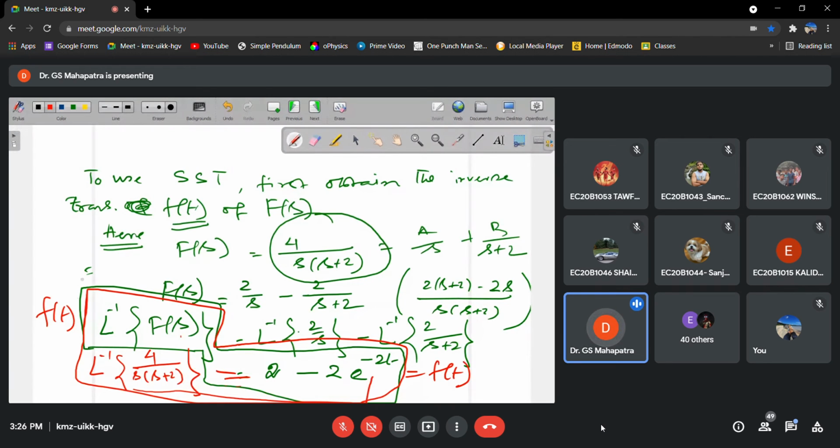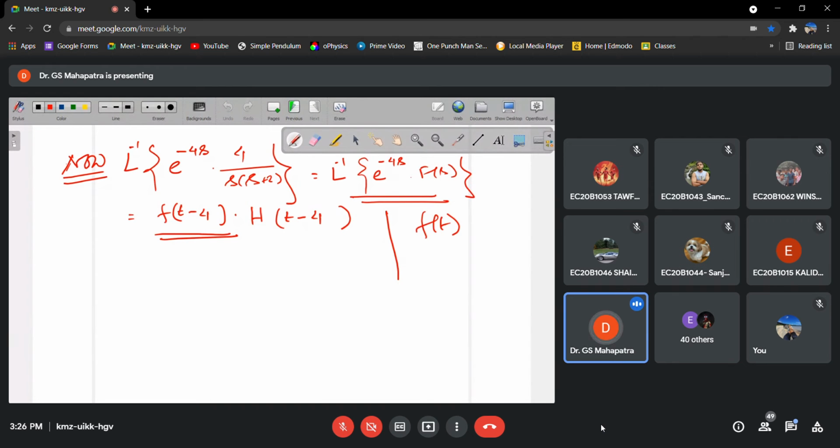From the definition, I am writing it equal to this one. So f of t equals 2 minus 2 into e to the power minus twice t. This part I will erase.